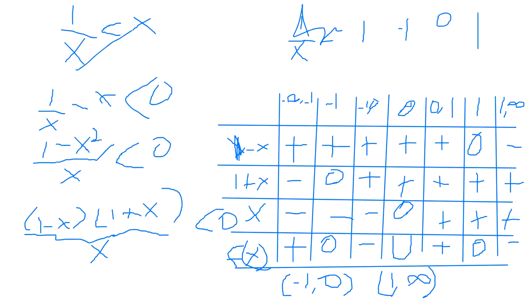Now, I'm going to go to question 7. We have 1 over 3x minus 5, and it says that 1 over 3x minus 5 is less than 2.